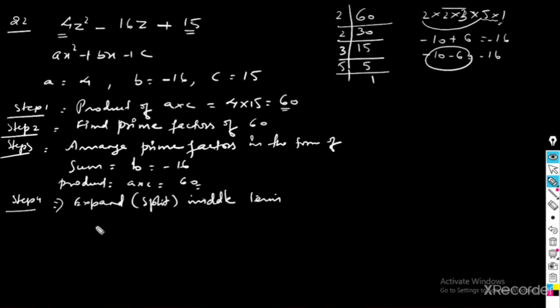It is 4z square. Let it be like that only. Then minus 10z, again minus 6z and plus 50. Okay, so this one which you have taken is split. This minus 16z is split in these two forms. Okay, now what is the next step?